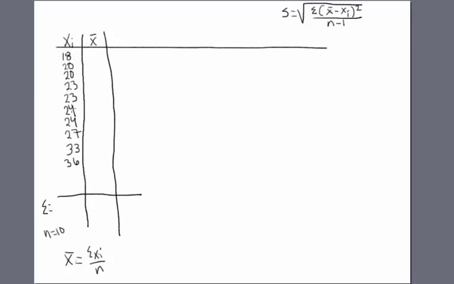If we sum up all of the x sub i's, that is, we add them up, we'll end up with 248. So we can plug that into our formula here. 248 divided by 10 would equal 24.80. So now in this column, I'll write in 24.80 next to every one of my x sub i's. I know it seems redundant, but it'll help you later on. So I'll go ahead and write 24.80.